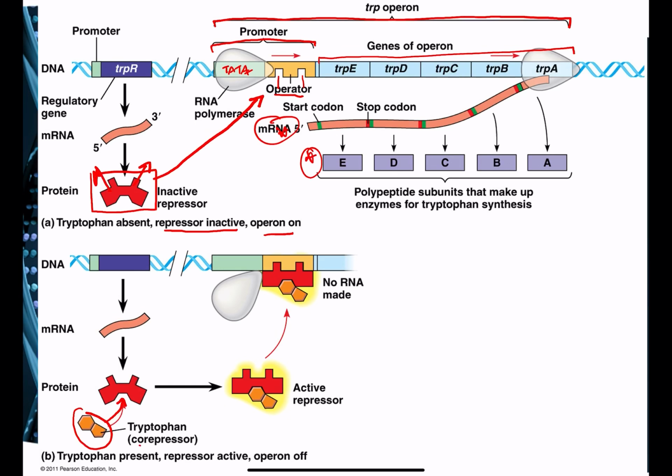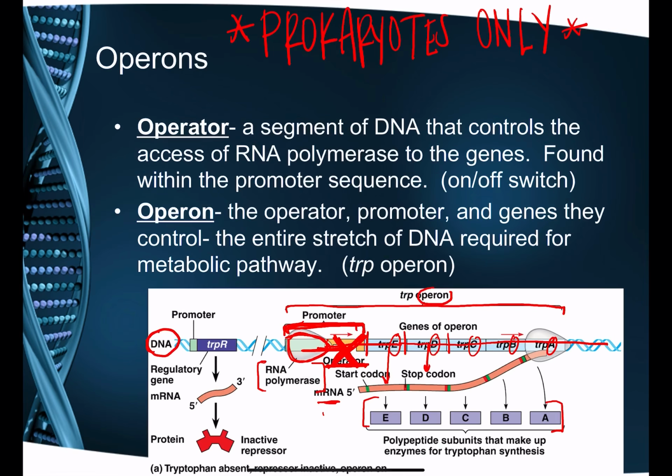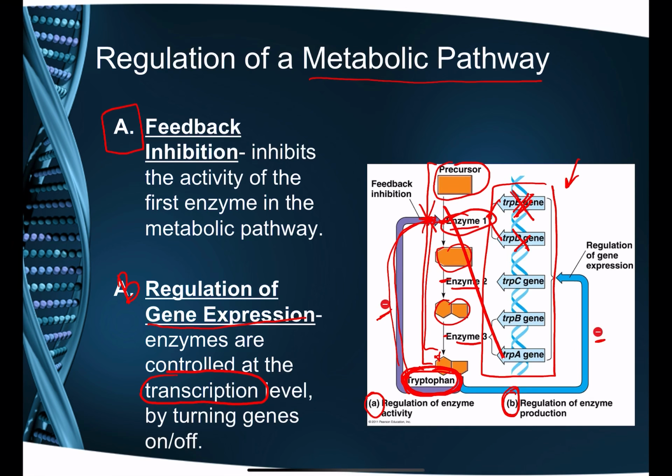Now, when that co-repressor is present, the co-repressor here is tryptophan, okay? Going back to this pathway that we're talking about here. The tryptophan, when it builds up, is going to cause the gene to be able to be turned off, okay?